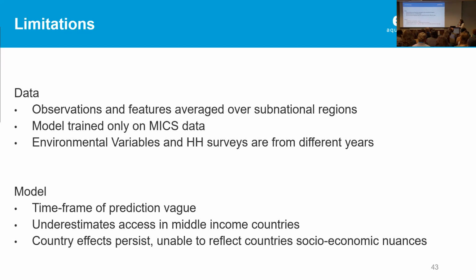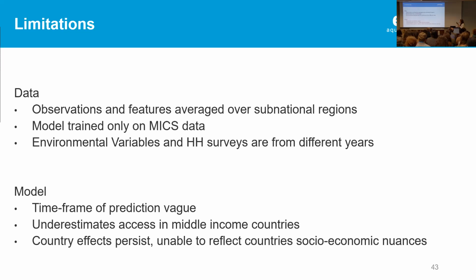We also are only using data from Multiple Indicator Cluster Surveys. Potentially one could also use other surveys, or other data sources, to improve these models. And then we also have environmental variables and different surveys from different years. So when we're predicting, it's not completely clear which year, for example, we're predicting for.